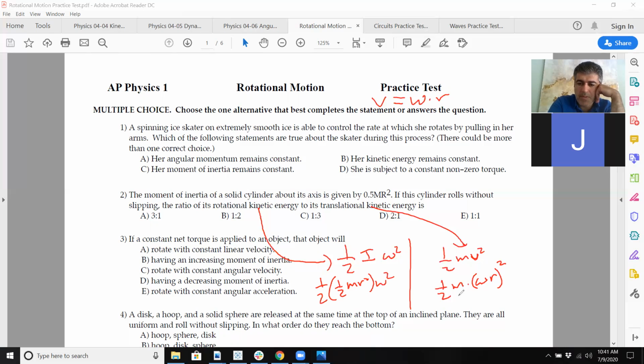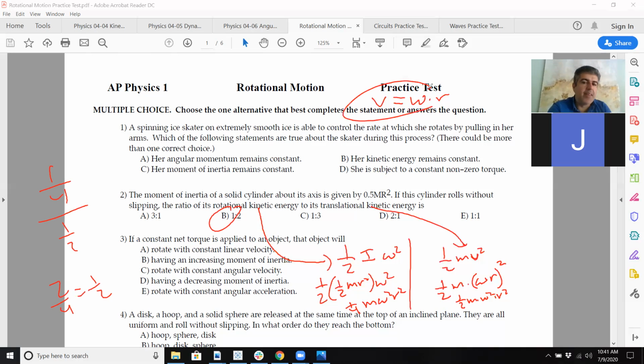If I distribute this, I get 1/4 m omega squared r squared. The translational is 1/2 m omega squared r squared. So these are virtually identical; the only difference is the rotational kinetic energy is multiplied by 1/4. So it's a 1/4 to 1/2 ratio, or 2 to 4, or 1 to 2. That's why it's going to be B.